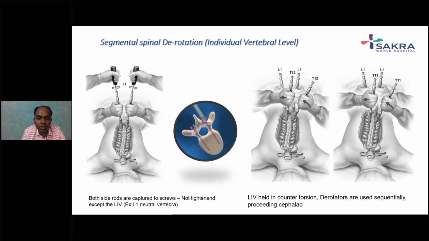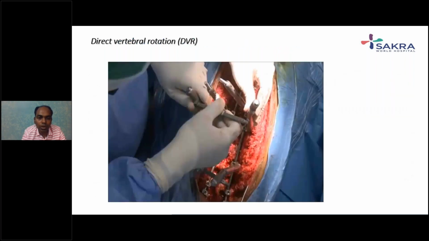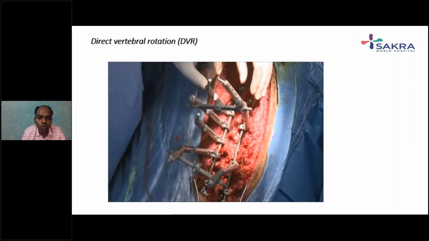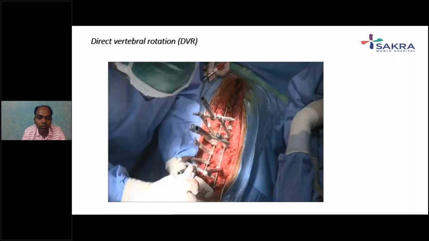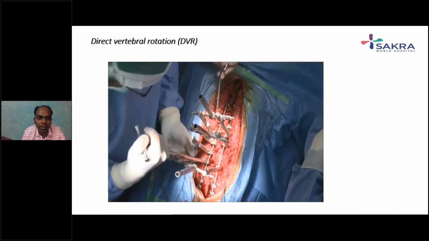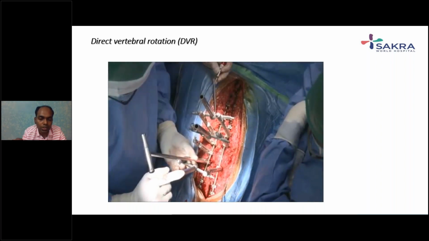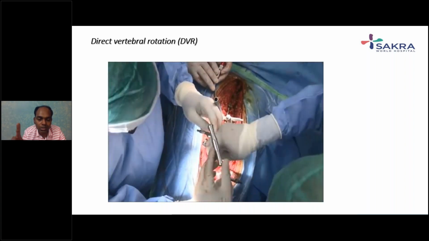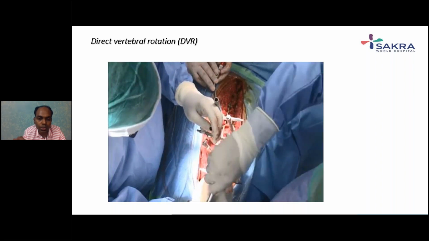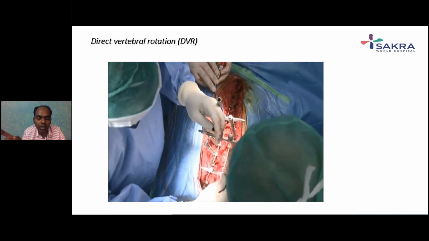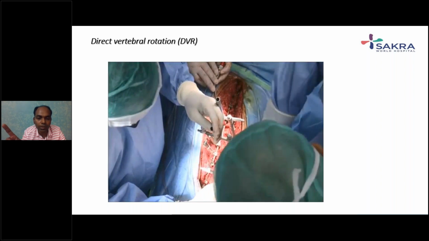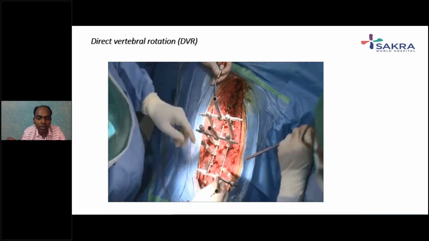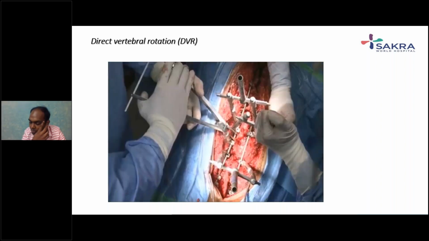But with the advent of recent devices, even with the polyaxial screws, this is possible, as shown in this video, where the two screws on the concave and the convex side are connected by crossbars, where this construct becomes a triangular construct, so that if one of the screws is rotated, the other screw also rotates, and it behaves like monoaxial screws, and each and every vertebra is derotated in a similar form to the previous method.